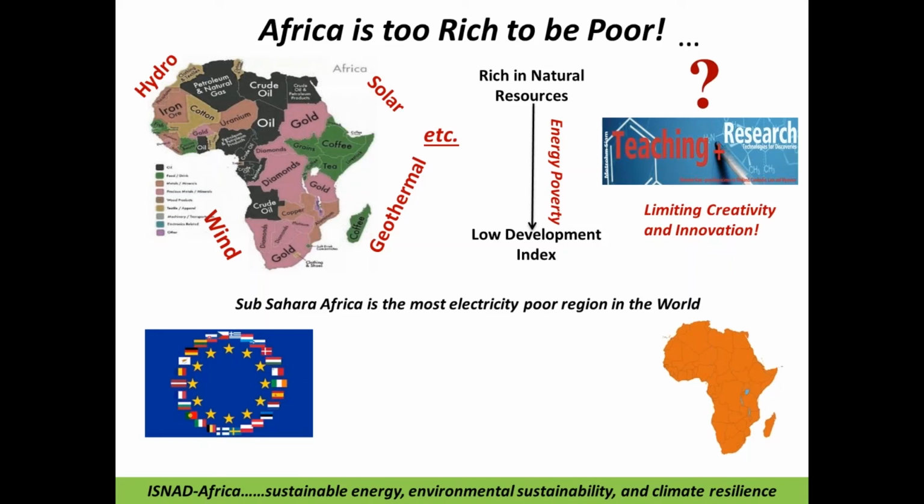For how many hours in a day do they receive sun? Yet we go to Germany, Italy, France and see what they are doing with solar, wind, and some other renewable energy resources. Unlike Africa, where we have abundant resources, but where Africa is yet to upgrade its educational research system to meet this.